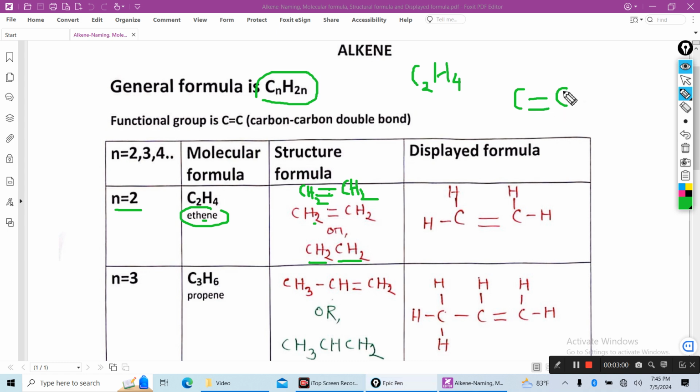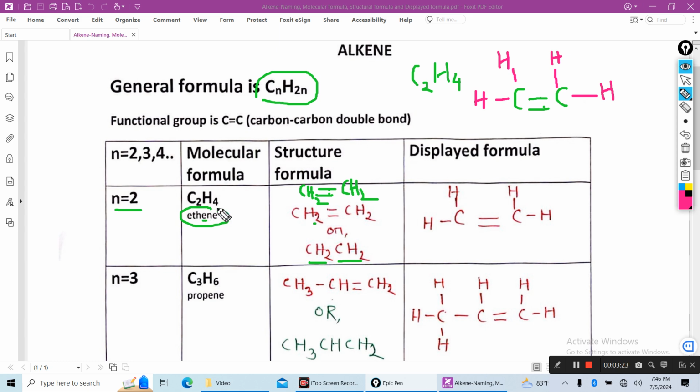You know carbon valence is 4, so right hand carbon 1, 2, 3, 4, this hydrogen. Now the left hand carbon 1, 2, 3, 4. This is the displayed formula for ethene, 2 carbon C2H4.